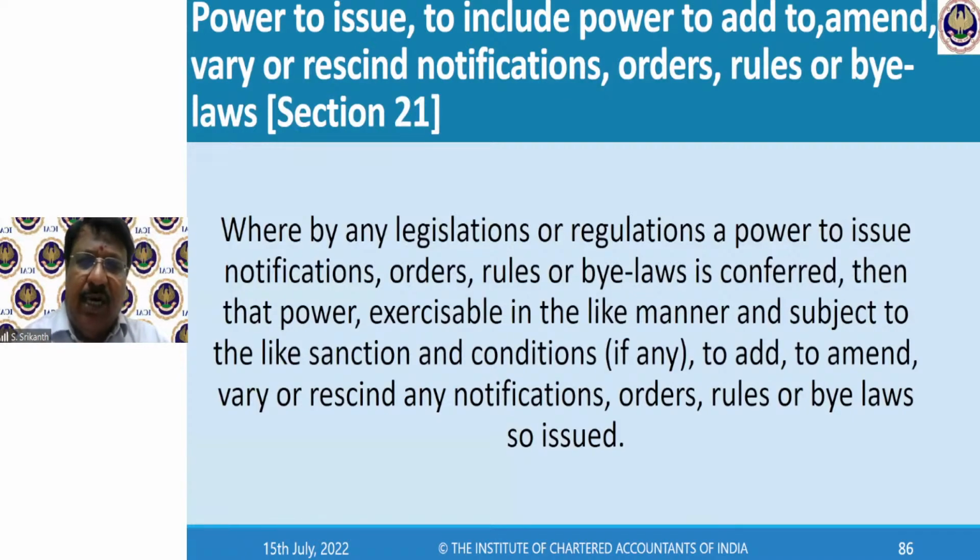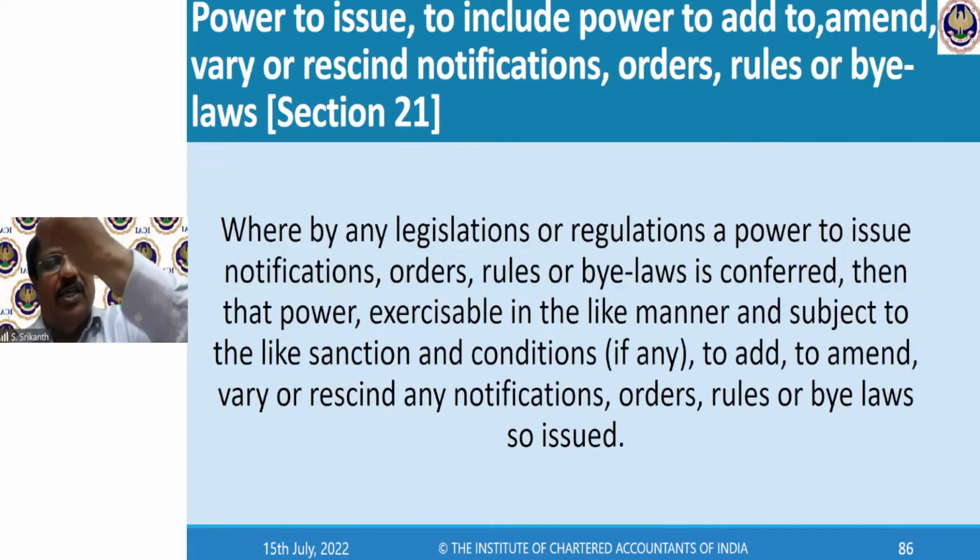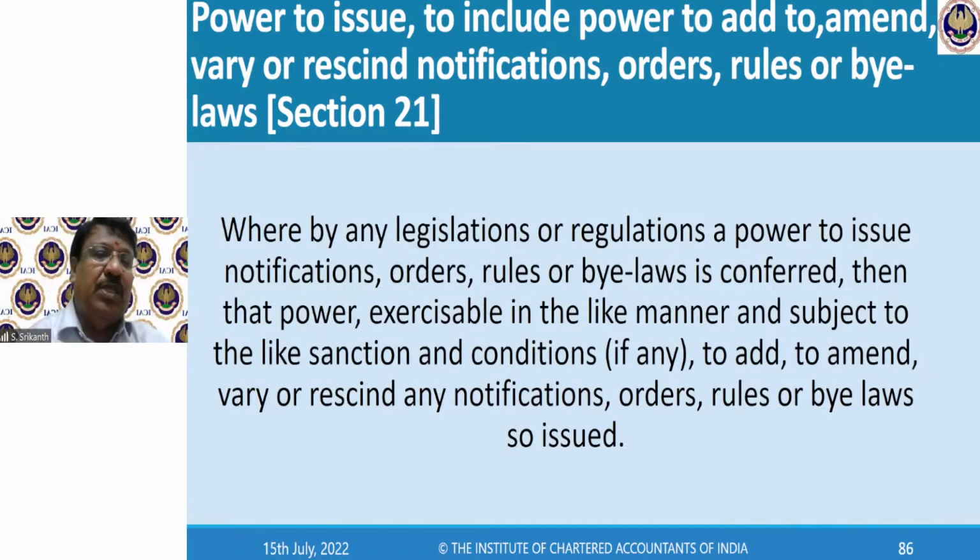Then that is a condition now. So even when he is rescinding it, that condition will apply. He has to get the approval. Suppose such a condition is not there, then he has the right to rescind. If he wants to rescind and the condition is applicable, then even for rescinding, he has to comply with that condition. The same condition which is prescribed for issuing.